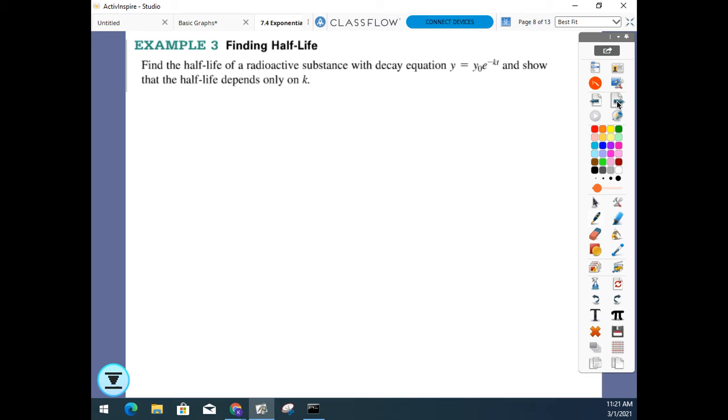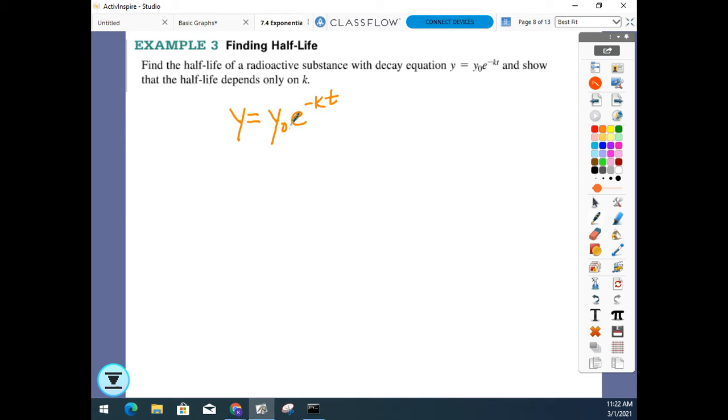Okay, so it says find the half-life of a radioactive decay equation and show that it only depends on k. All right, so we're going to start with this general equation. And what will y equal after its half-life?